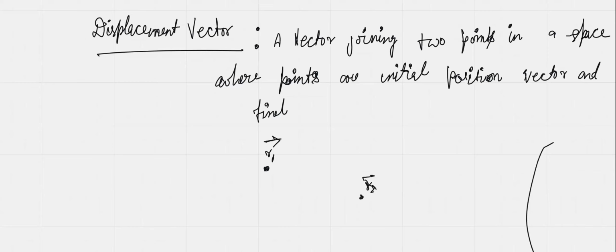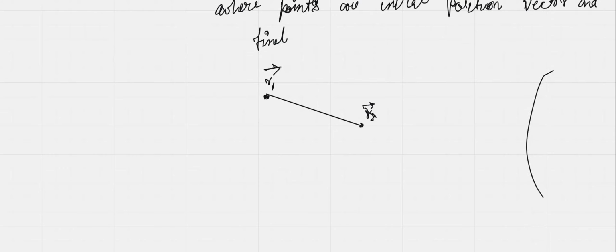The line joining them from here to here gives you the displacement vector. What will be its value? You can represent this as R12, whatever your assumption.